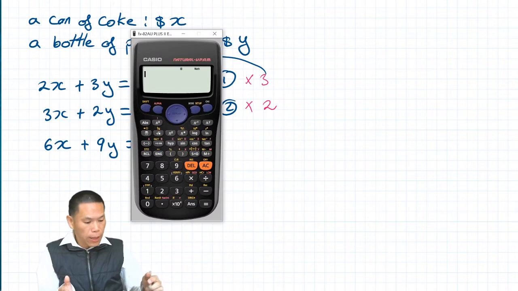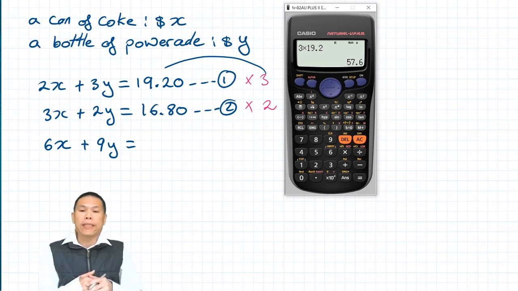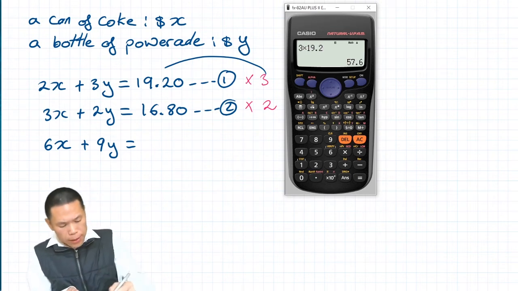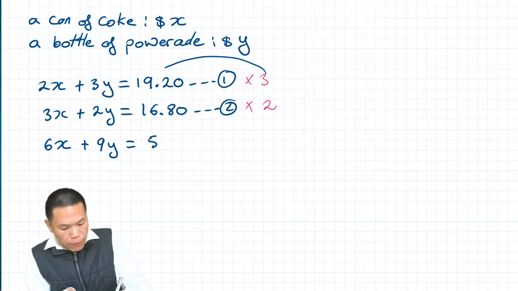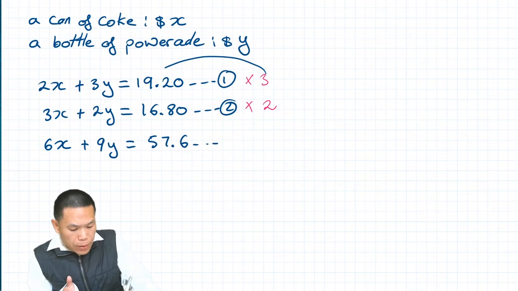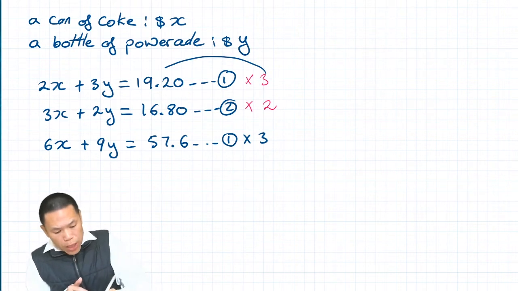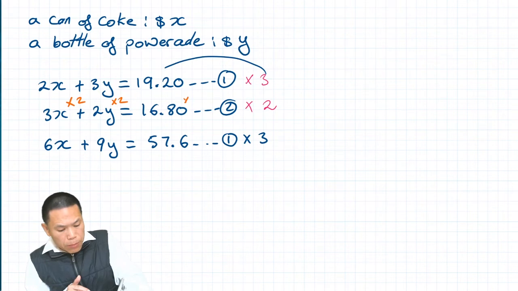I just use the calculator: 3 times 19.20, and the answer is 57.6. So I just write this down. This is equation number 1 times 3.